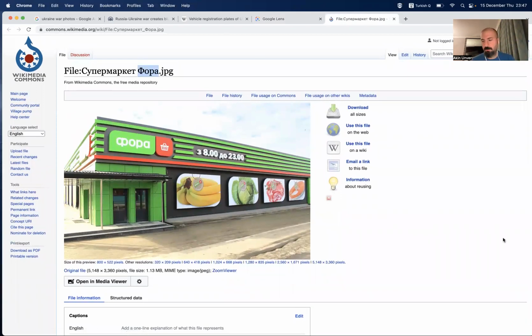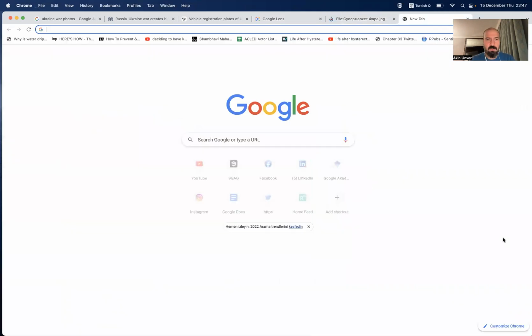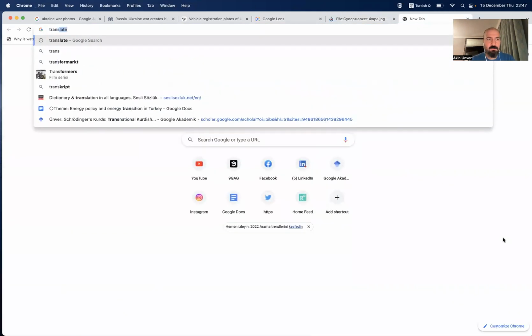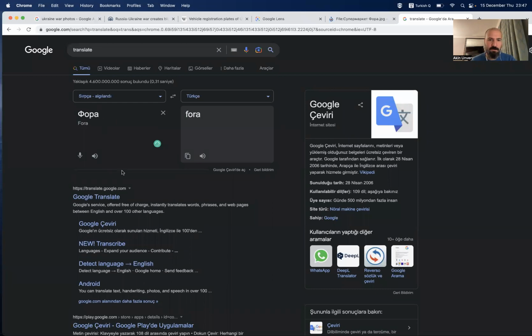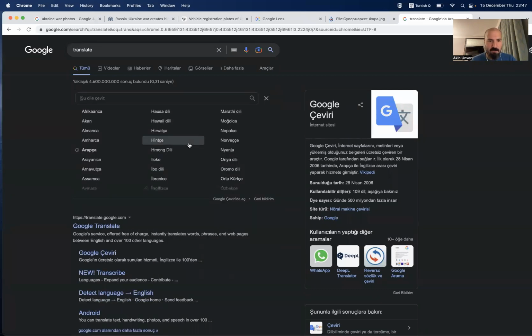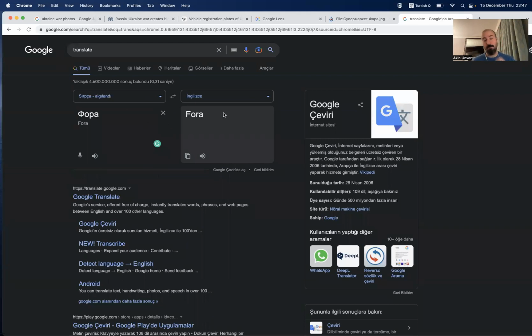I don't know Ukrainian, so the first thing I would do is go to Translate and use auto detect language. And I understand that the supermarket chain is actually called Fora. So instead of Migros, instead of Carrefour, this is called Fora.